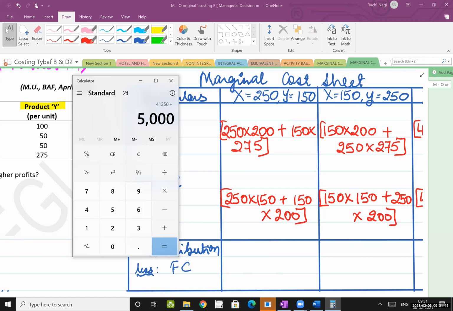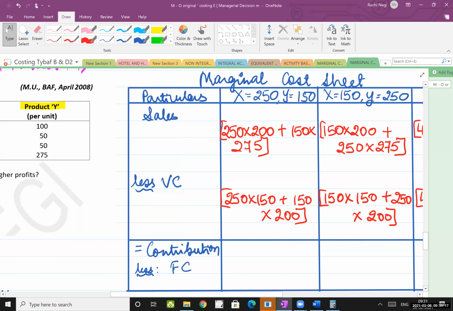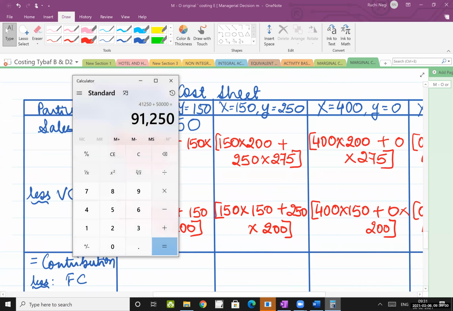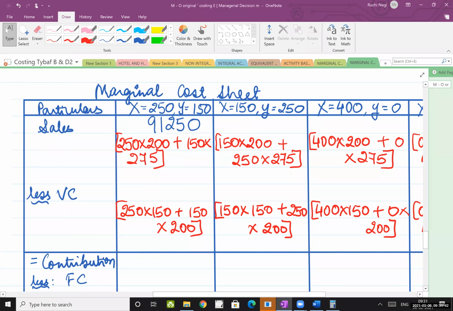Add the totals, so I'll get 91,250. Next, 98,750.